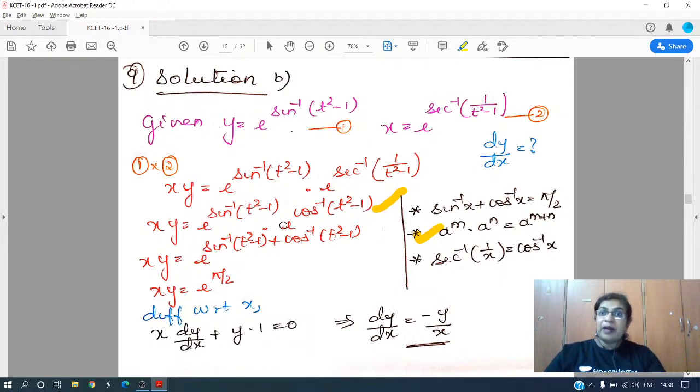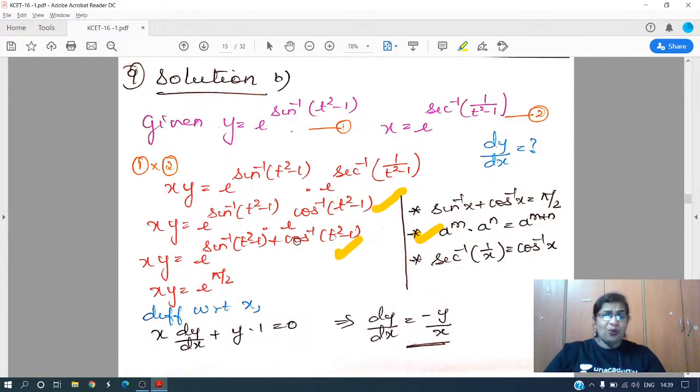Can you add the powers? Yes, I can do that. And if I do it, I'm getting e to the power sine inverse t square minus 1 plus cos inverse t square minus 1. Isn't this the property which I've already explained to you in a previous question? What is the inverse property of sine inverse x plus cos inverse x? Isn't it pi by 2?